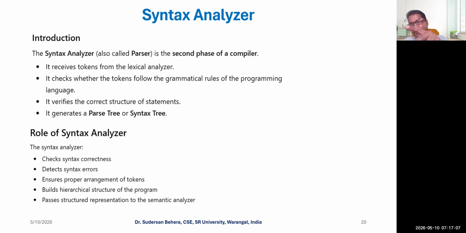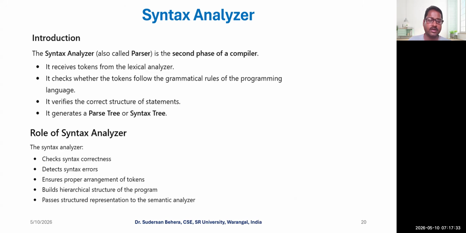But those three symbols are there: int is there, semicolon is there, a is there. There is no change in the content, but there is a change in order. Order means there is a grammatical order. That is why the sentence I said the second time will be the wrong one, and the first one will be the correct one. So it checks that the sentence is written correctly or not.